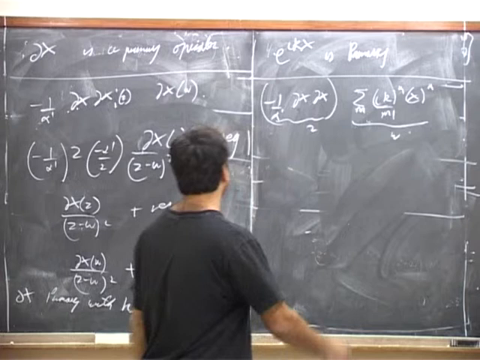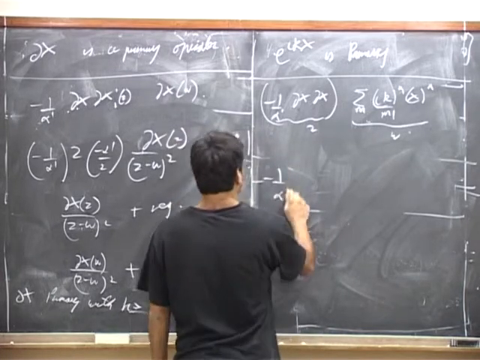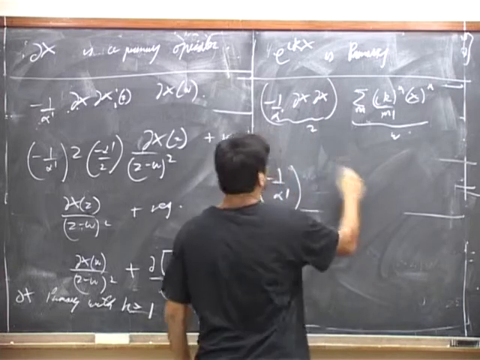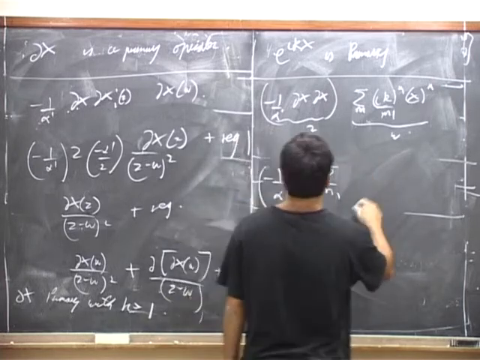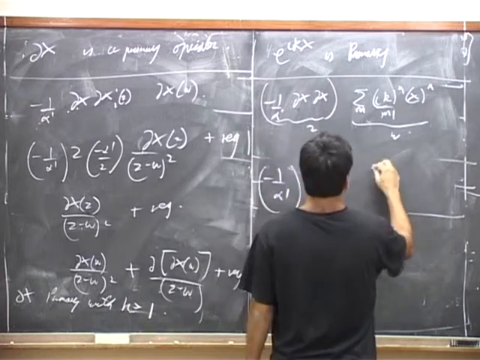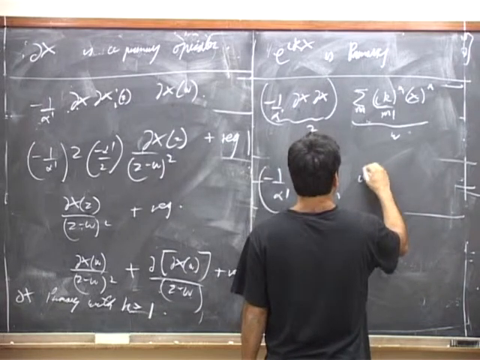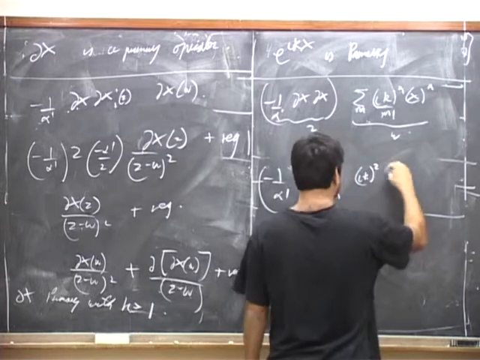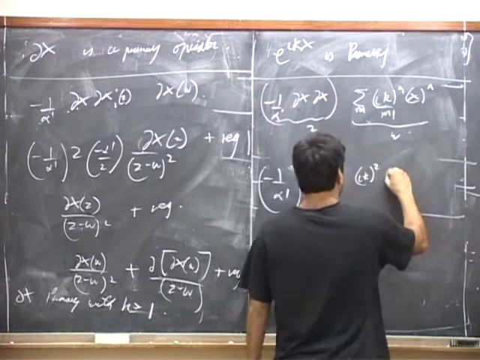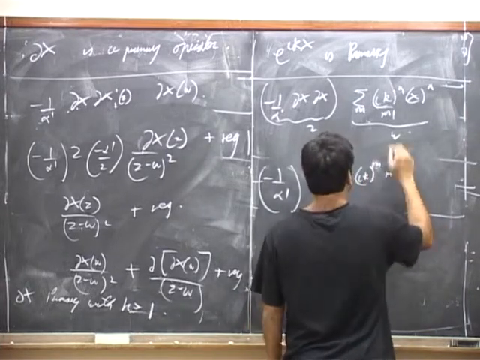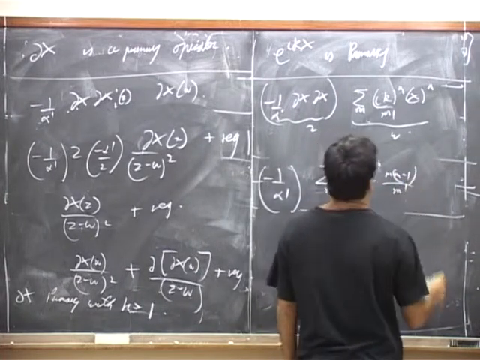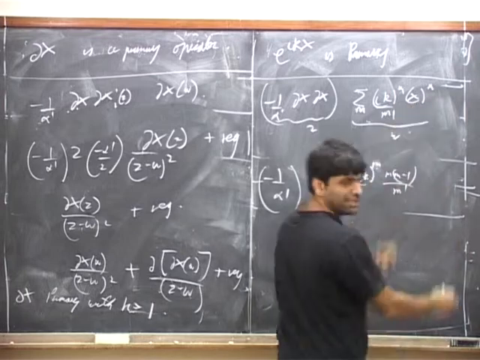So we get minus 1 by alpha prime times the sum of (ik) squared times n into n minus 1 by n factorial times X to the power n minus 2, since two of these are removed.